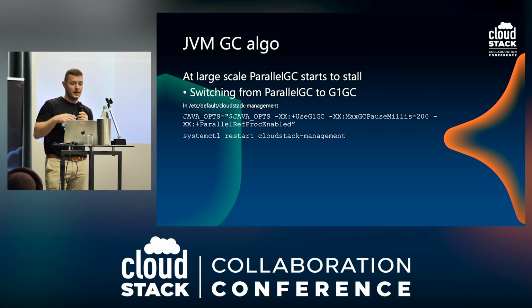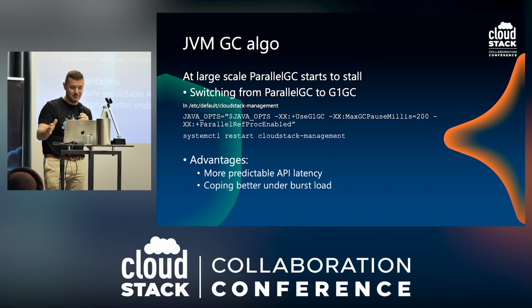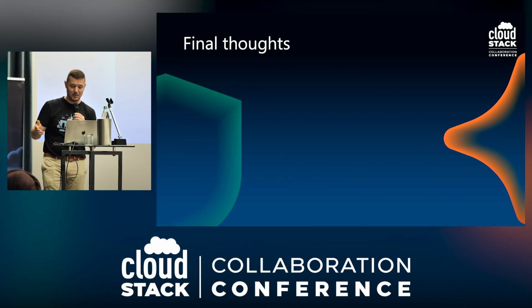We explored another algorithm called G1GC, and here are the settings that you need to apply to enable it. With this algorithm, we managed to get better performance. I'm nearly done. So yeah, better latency and better handling of burst loads with this type of algorithm.